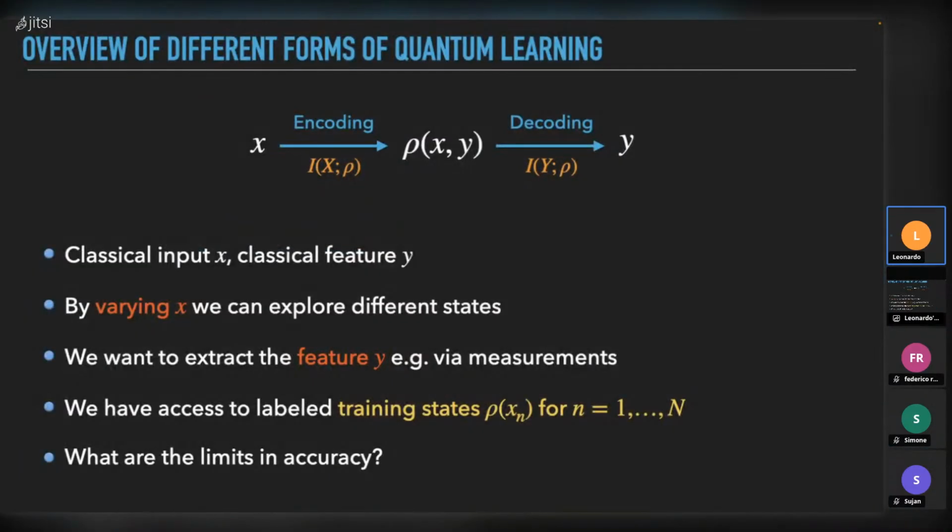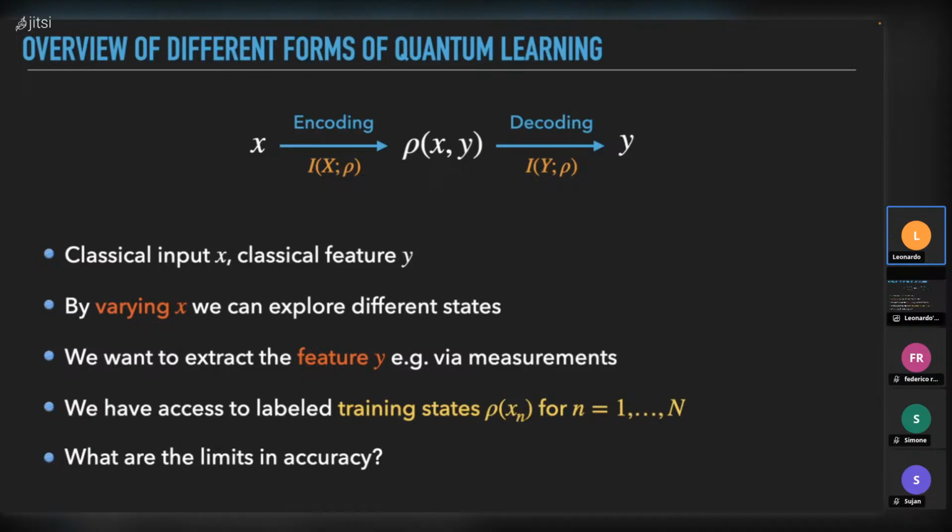It's confusing. So what is the setting? The setting is that we have a classical input X, classical feature Y, and the point is that by varying X, we can explore different states. And the reason why this is a bit different from sensing problems is that you want to extract Y for all the possible X's, not just in an average setting.